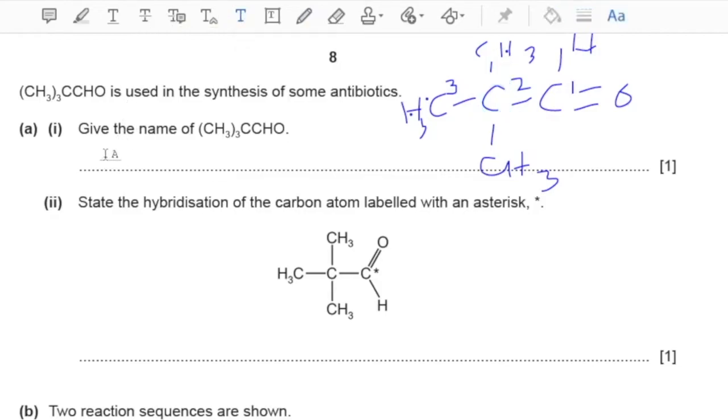So I'll write 2,2-dimethylpropanal. 2,2-dimethyl means on the second carbon atom I've got 2 methyl groups attached to it, and prop comes from my straight chain having 3 carbon atoms. The suffix comes from the functional group CHO.